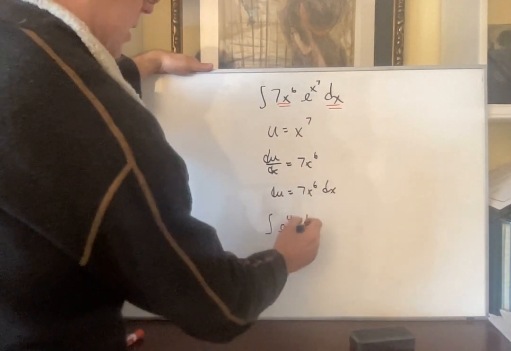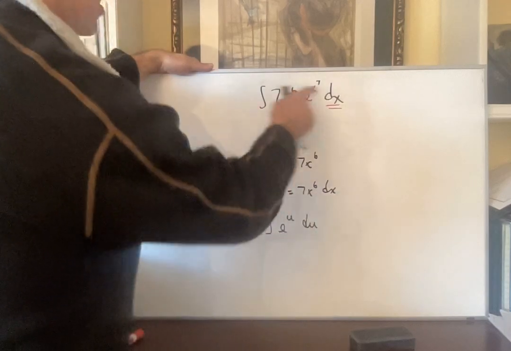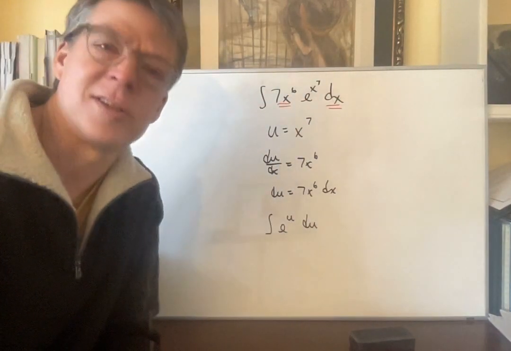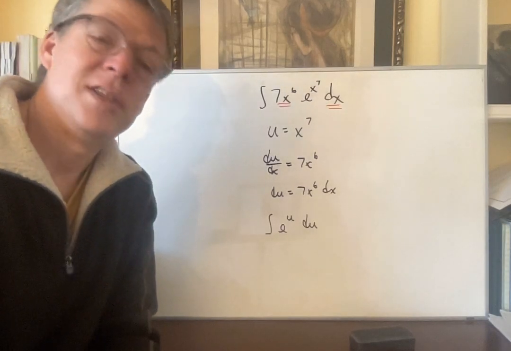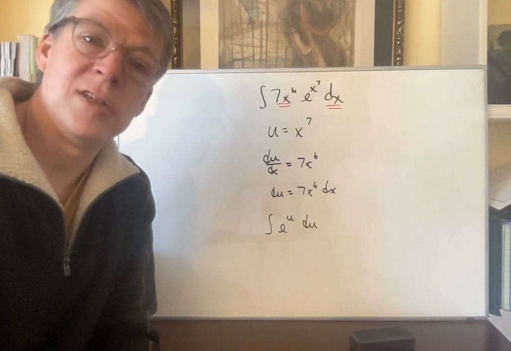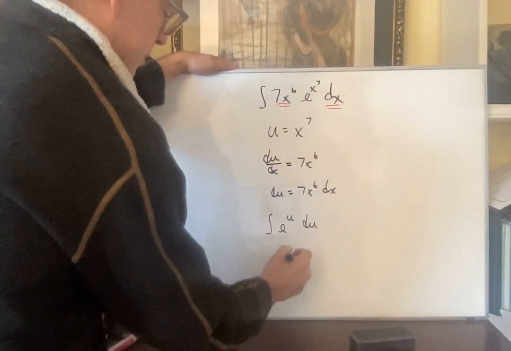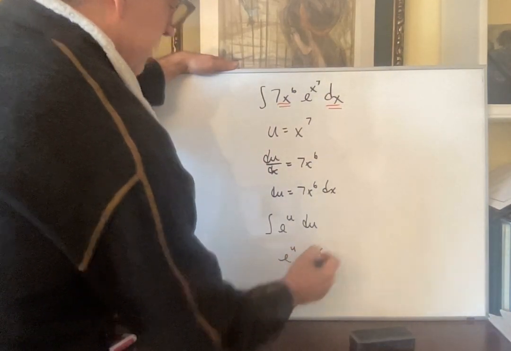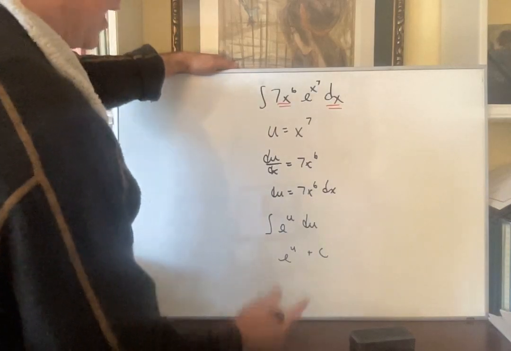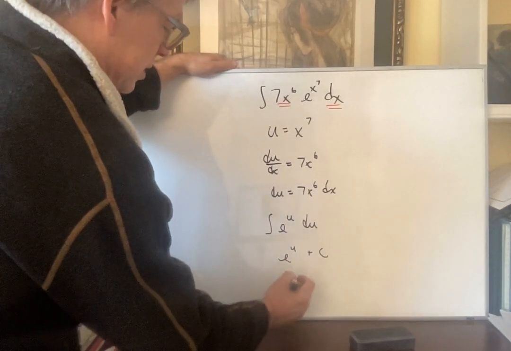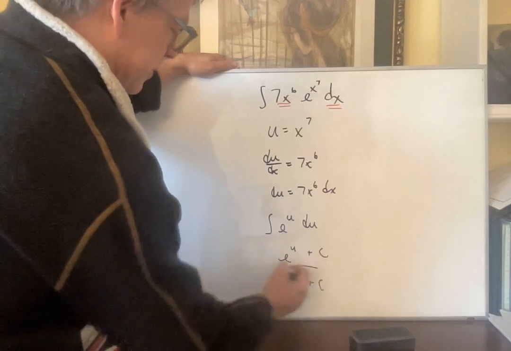So if I put a du here, then everything that's up here is now down here. And look at how easy that integral is. If you need to find the antiderivative of e to the u, don't think too hard. It's just e to the u, isn't it? And then just don't forget to turn it back into x's. So I'll have e to the x to the 7th plus c.